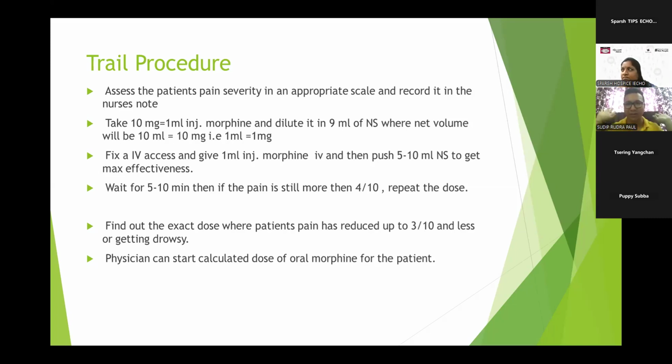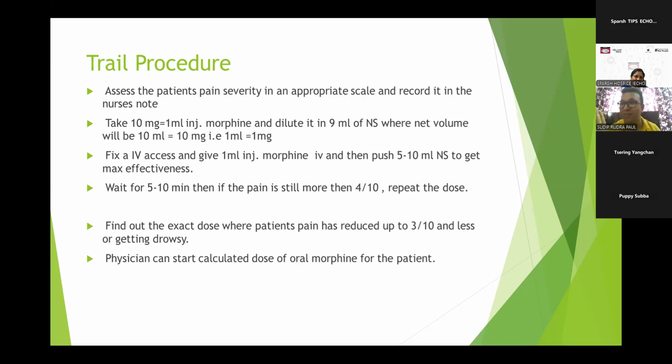This is noted. So 4 mg of IV morphine makes the patient stable. If I convert to oral morphine, that means 4 into 3, 12 mg of oral morphine I have to prescribe to the patient.